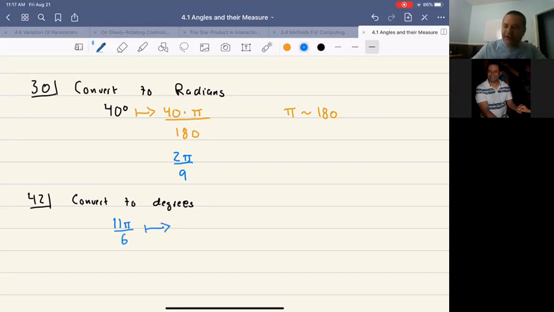And it's actually not hard at all. All we have to do is, effectively, we're doing the opposite of what we did before. Instead of multiplying by pi over 180, we're going to multiply by 180 over pi.